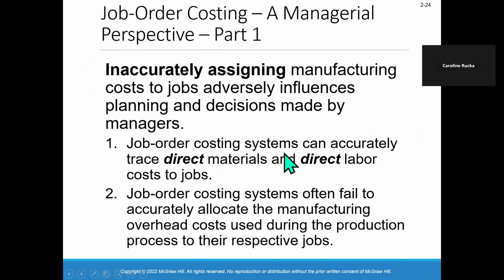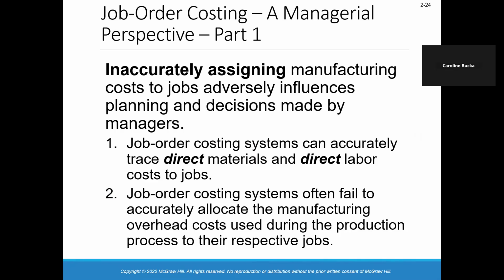Okay. I touched on this briefly, but please be careful about choosing your allocation base, because if you choose a method of allocating your costs that isn't really related to that cost, it can backfire on you.